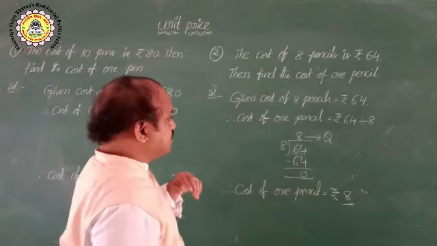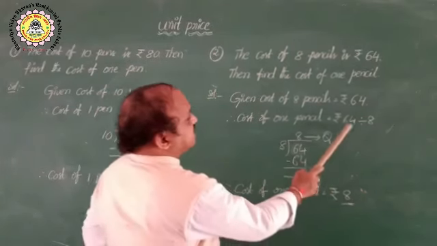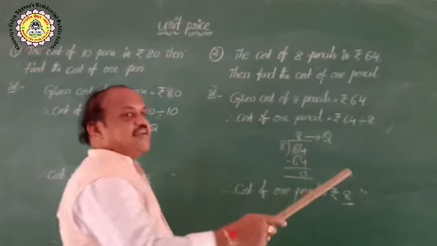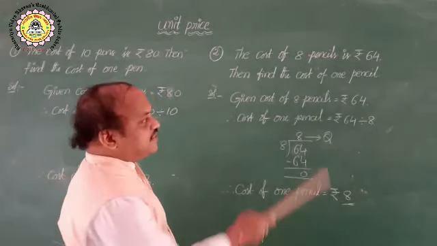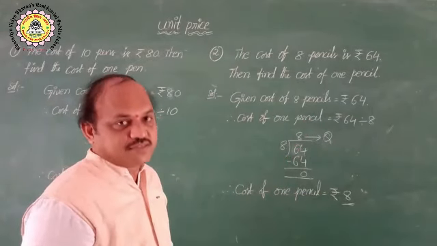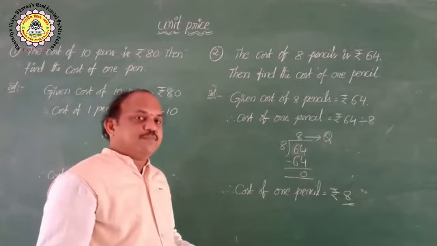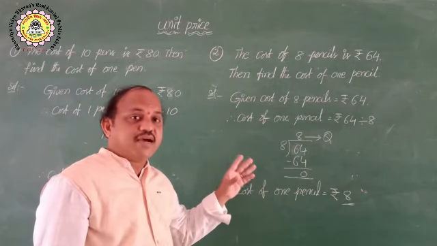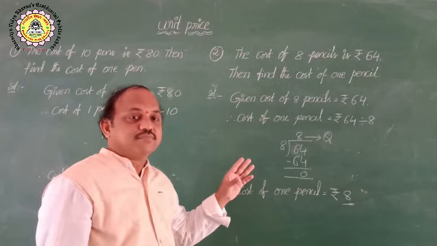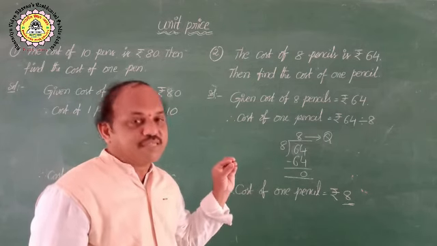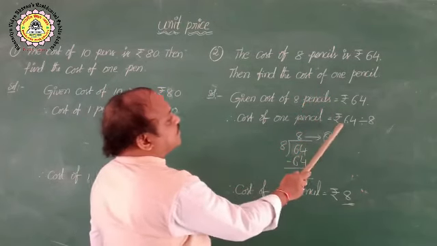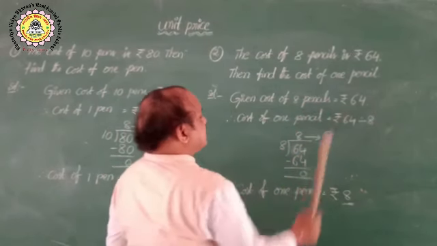Because 64 rupees refers to the cost of 8 pencils, and 8 refers to the number of pencils. That means the total amount should be divided by the number of pencils. That's why rupees 64 divided by 8.